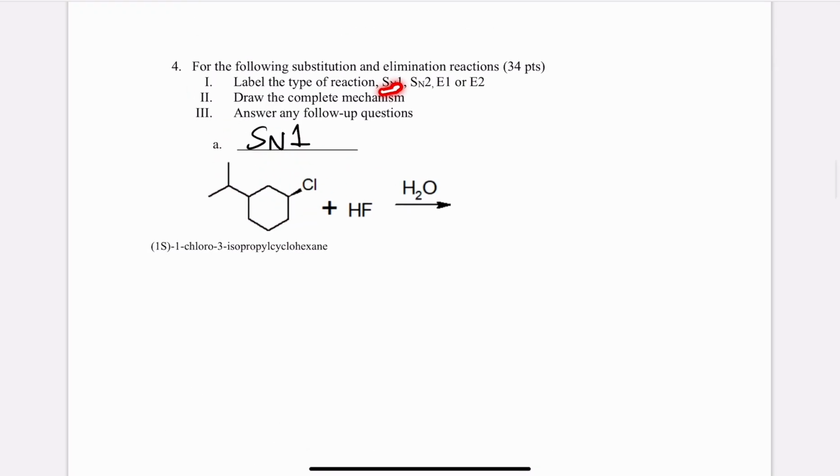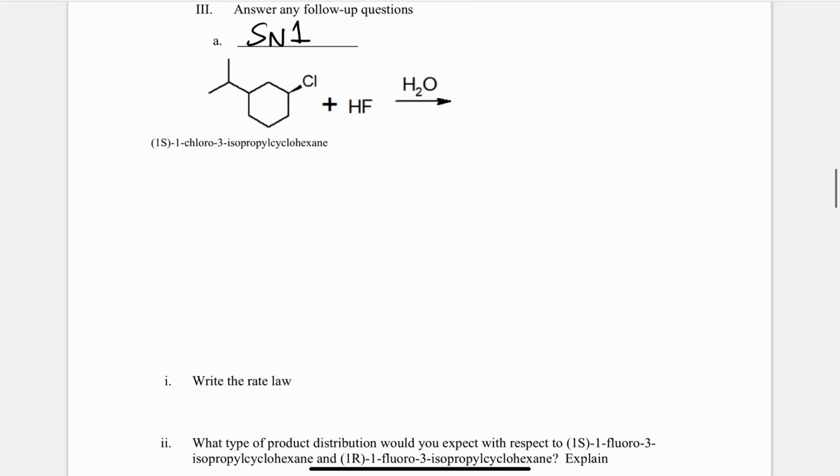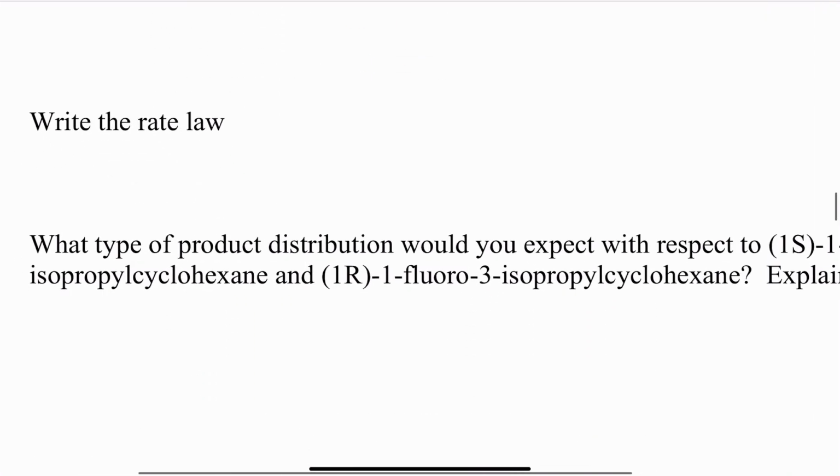In both Sn1 and E1, it's the substrate, the only thing that affects the rate. The rate law is basically saying what's going to affect how fast this reaction happens. And since it's an Sn1, it's only going to be one thing.